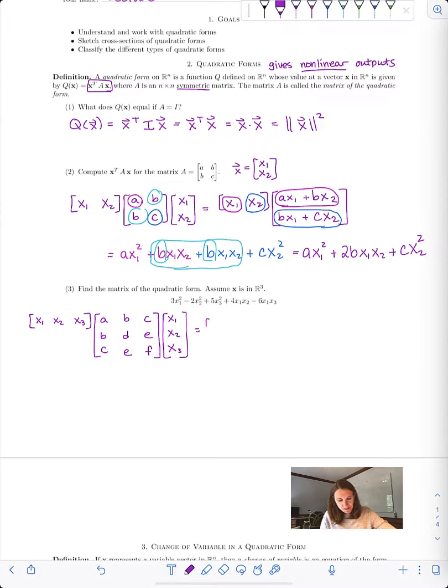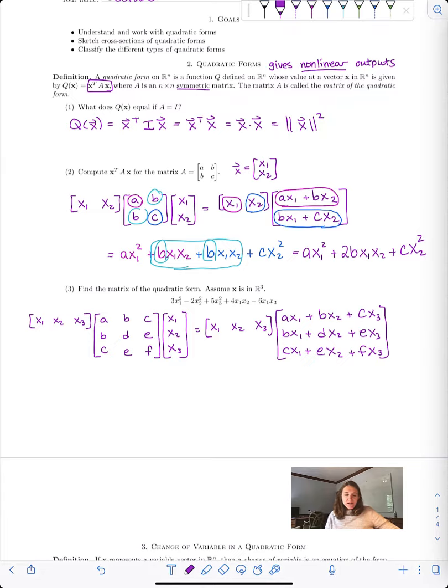And again, we are going to multiply our A times our vector. So we get AX1 plus BX2 plus CX3, and then BX1 plus DX2 plus EX3, and finally CX1 plus EX2 plus FX3.